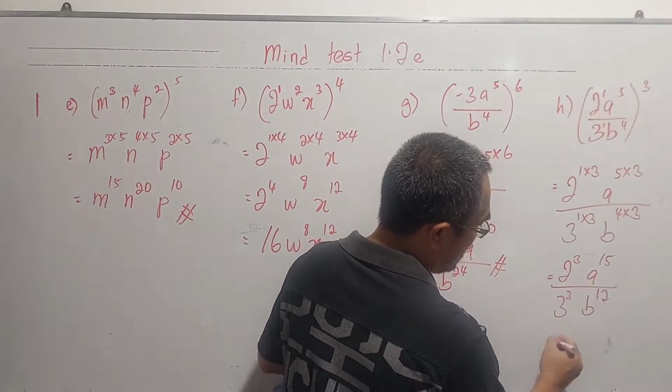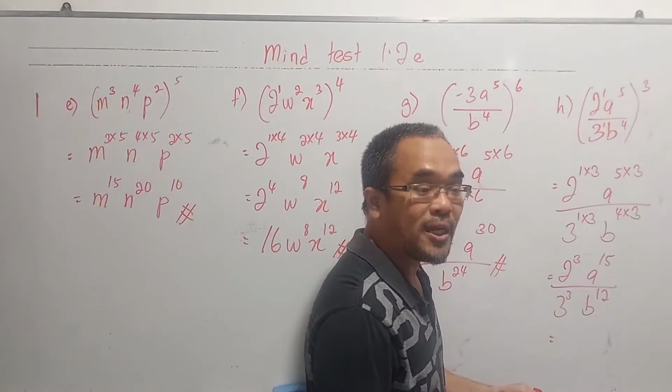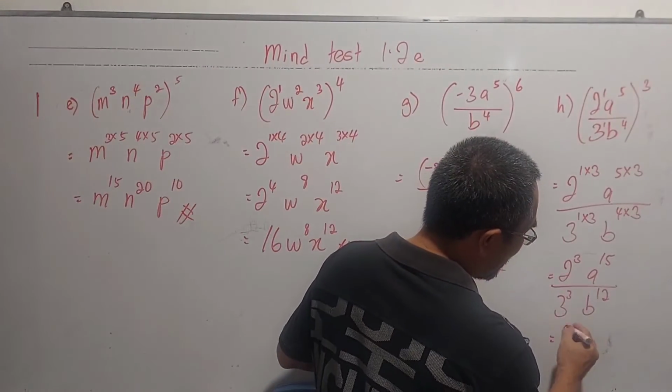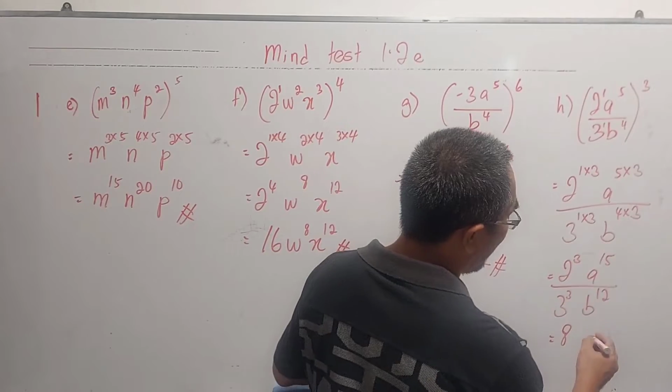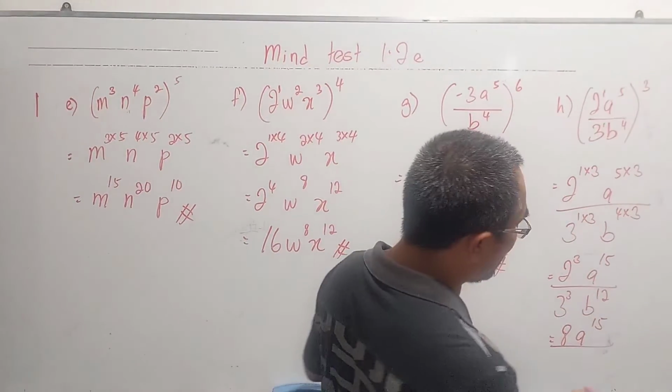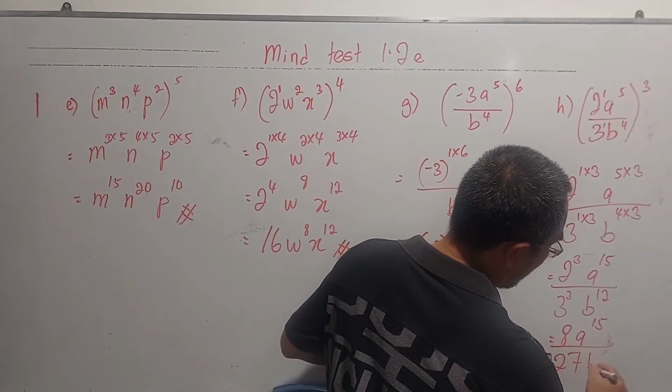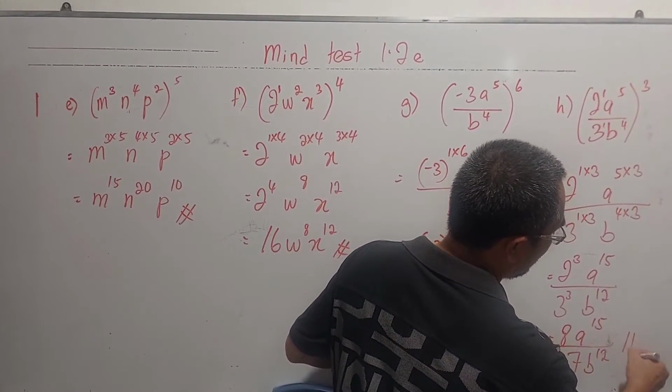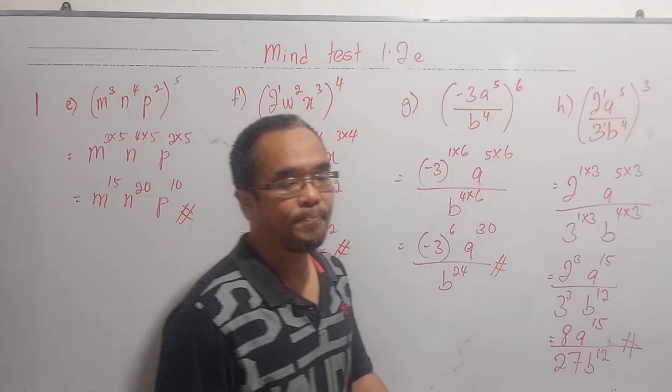Usually, but because 2 to the power of 3 and 3 to the power of 3 are small numbers, we change 2 to the power of 3 to 8, A to the power of 15, and 3 to the power of 3 will be 27, B to the power of 12. Is there any question?